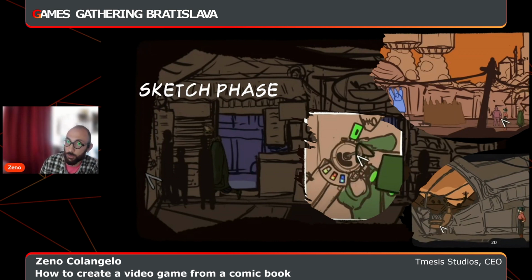We start by doing all the assets with a fast storyboard style to set up all the characters and objects and all their positions, how the background interacts with the characters, and decide where we will focus for future detail.